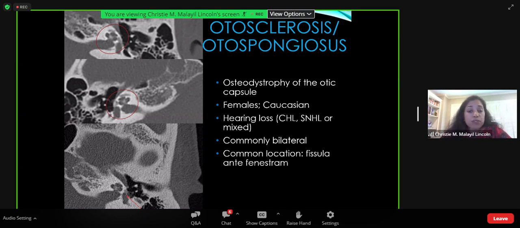As it progresses, you can have the fenestral type, which is the otospongiosis that affects the fissula ante fenestram, which is the most common location, and then the cochlear type is the other type. Retrofenestral rarely occurs in isolation, and is most commonly seen with the cochlear type.